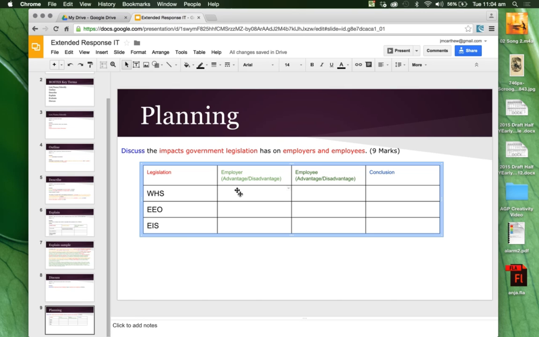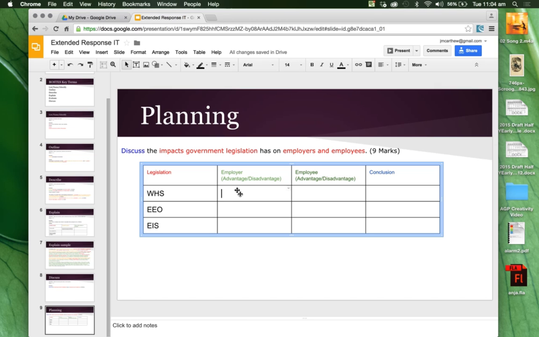So WHS, what are some advantages for the employer? Work satisfaction. The employer. Yeah, like the employees get more work satisfaction as it's. Yeah, you said employees though. I'm saying for the employer. Improves productivity. Great. Because? Safe work practices, which. Yep, okay.